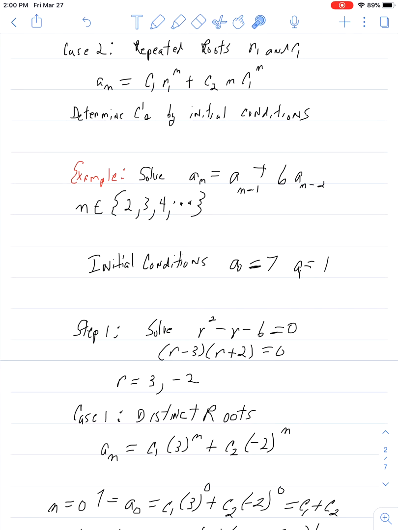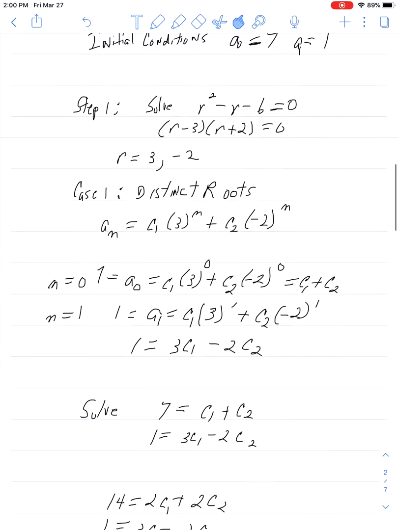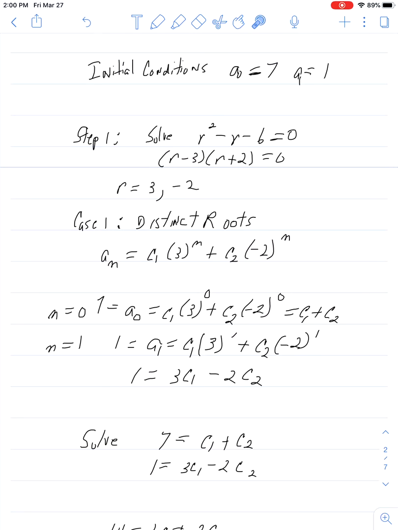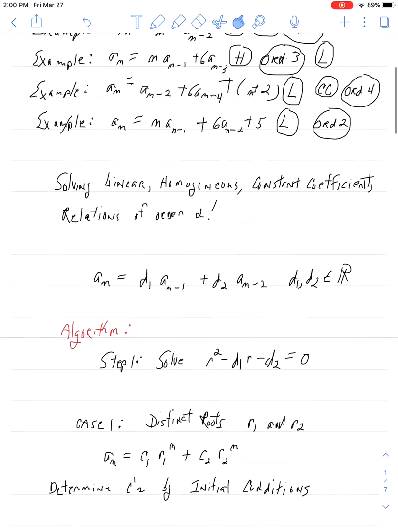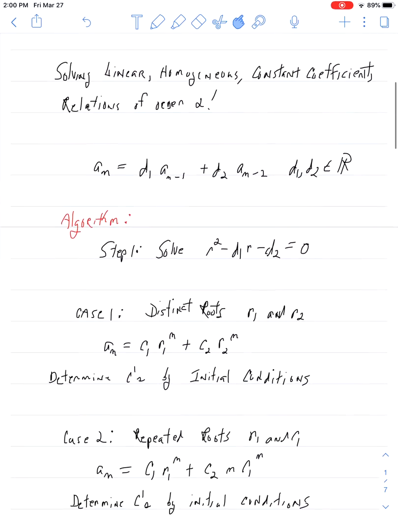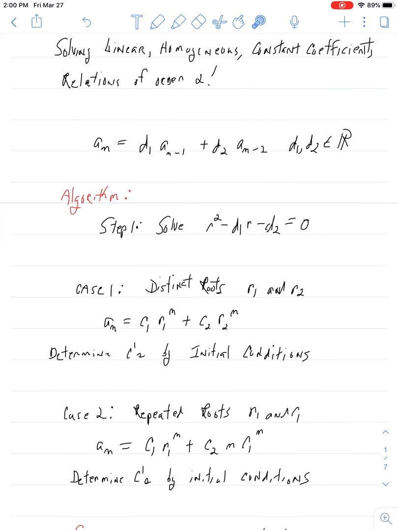Now, solving that quadratic equation, we see that it factors into (r minus 3)(r plus 2), which means r is 3 and minus 2. That puts us in case 1, where we have distinct roots. Now, when we have distinct roots, let's go back up here and look. We can expect a solution of this form.